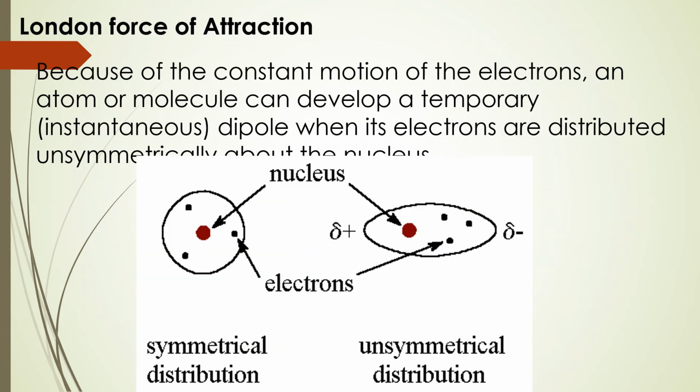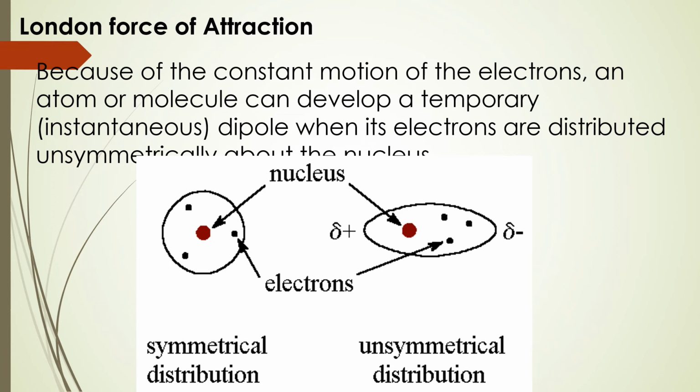Okay, now, because of the constant motion of the electrons, an atom or molecule can develop a temporary instantaneous dipole when its electrons are distributed unsymmetrically about the nucleus. So you have here the symmetrical distribution and the asymmetrical distribution illustration.